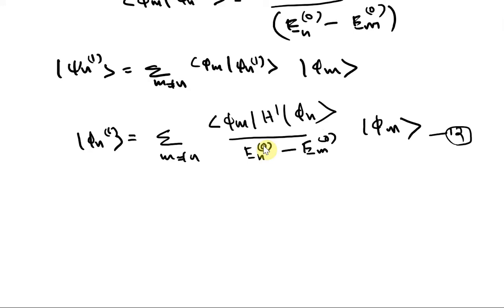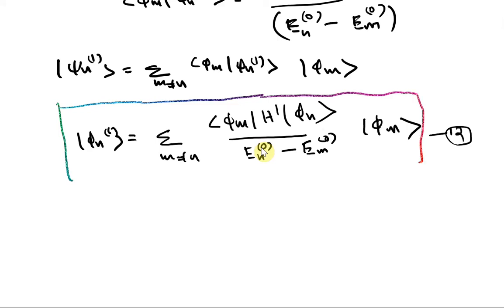I'll put it in a rainbow box. Okay, so that is our first order correction wave function.